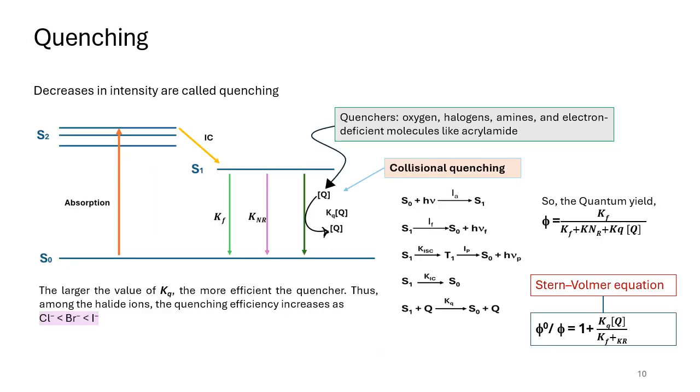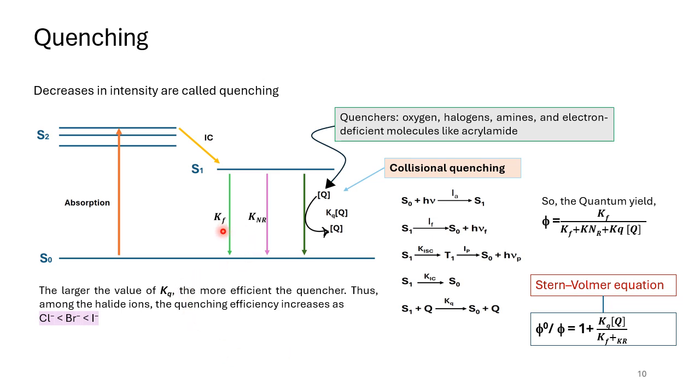I have already introduced this concept in my previous slides, that is the quenching. So what is quenching? The decrease in the intensity of the fluorophore is known as quenching, and this quenching can occur by various processes. One is static quenching, where the fluorophore makes a complex with the quenchers, and another one is collisional, where it collides with the quencher.